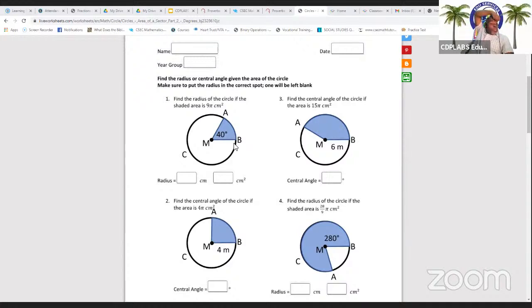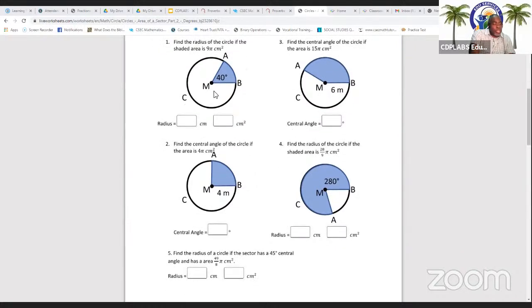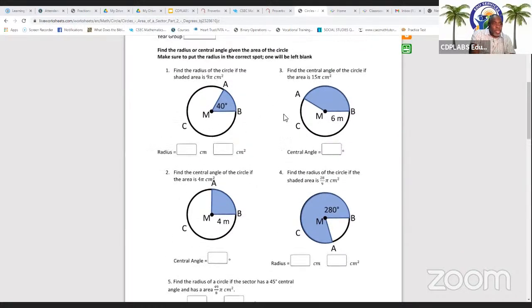Now let's go down to number 4. When I started, I learned some techniques. If the angle is 280 degrees, so this entire angle right here, which is called a reflex angle.